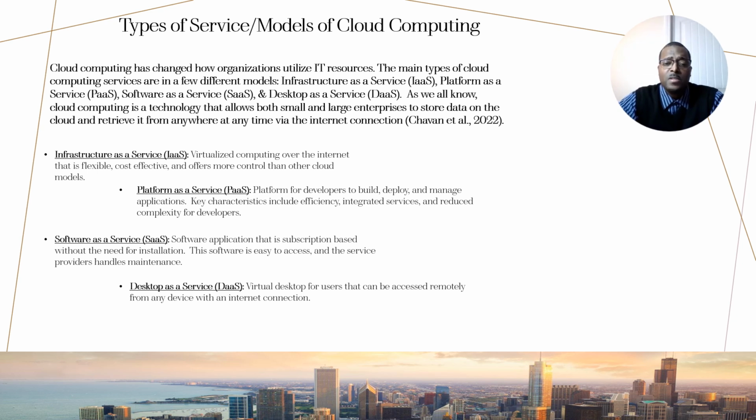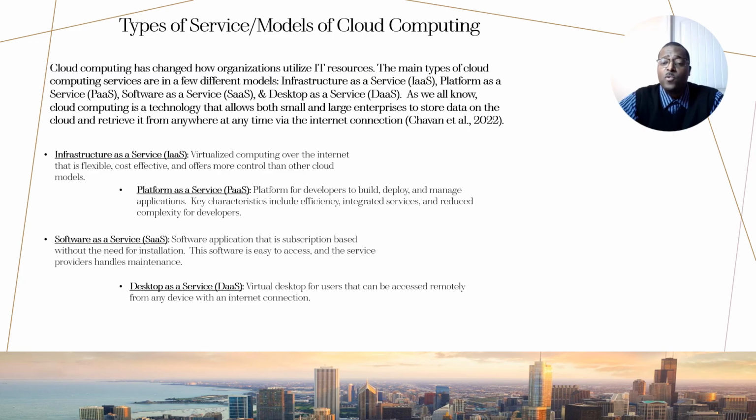The types of service models in cloud computing include a few different models. Cloud computing has changed how organizations utilize IT resources, and the main types of cloud computing services come in a few different models. The first is infrastructure as a service.